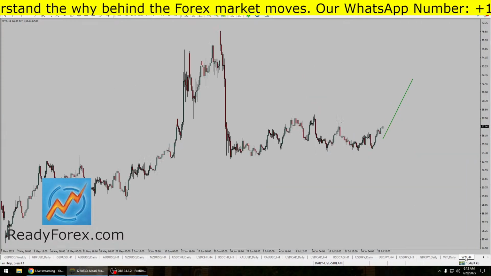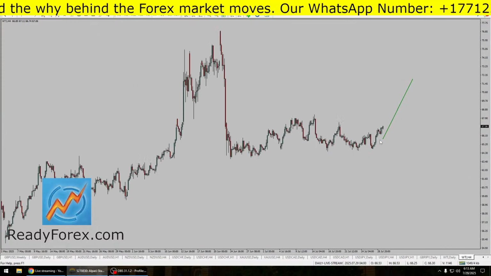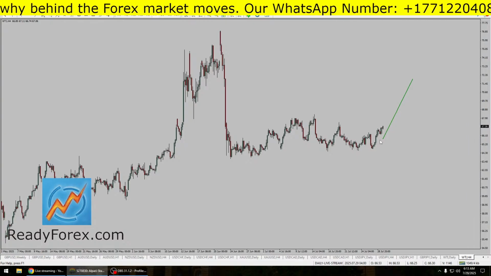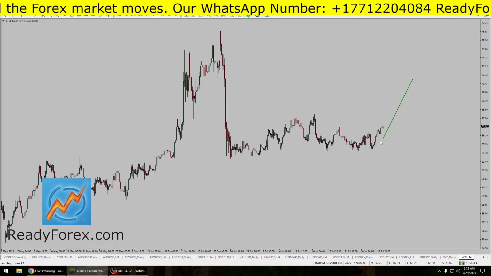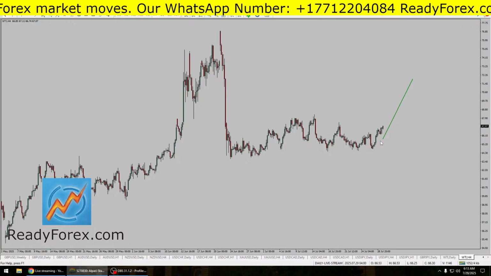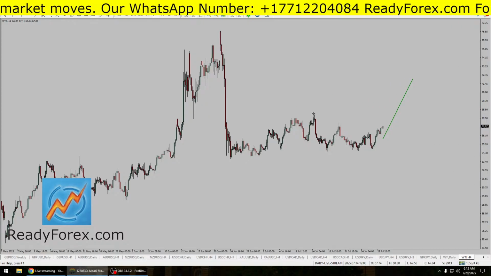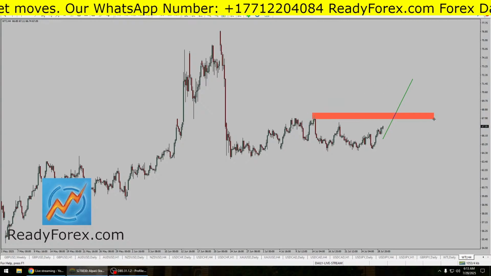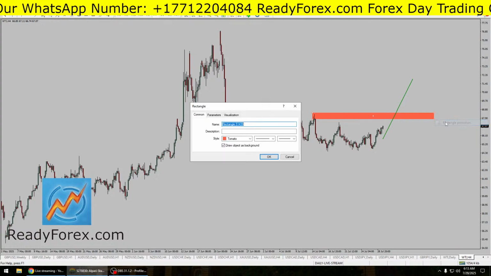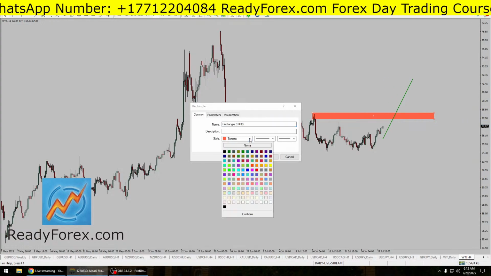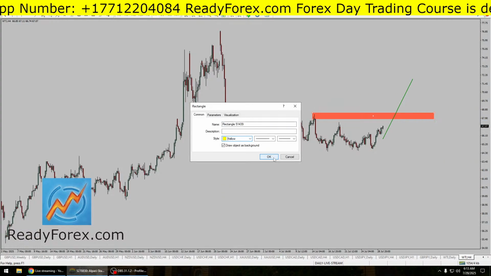If you check out the 4-hour time frame, yesterday I told you guys that WTI crude oil was most likely going to rise, and we got the bullish leg, by the way. So I expect a bullish leg above the old swing high over here. Let me change the color.